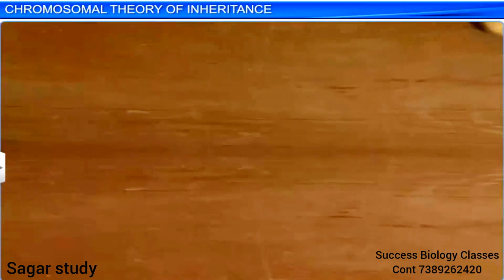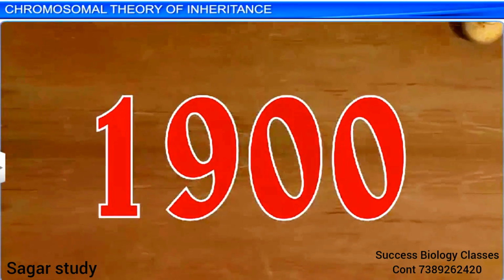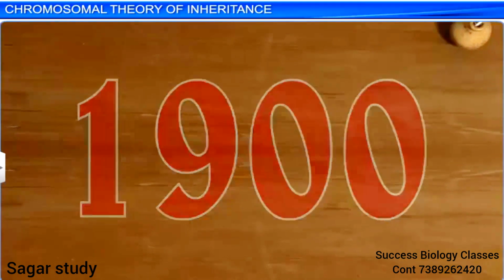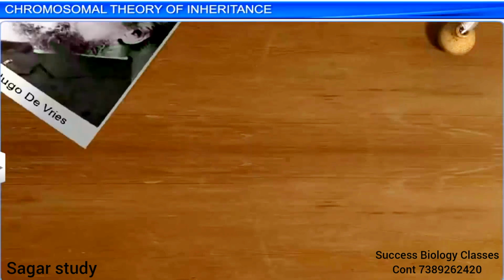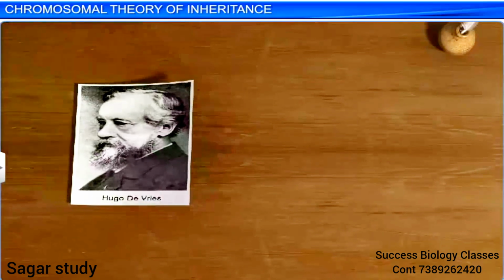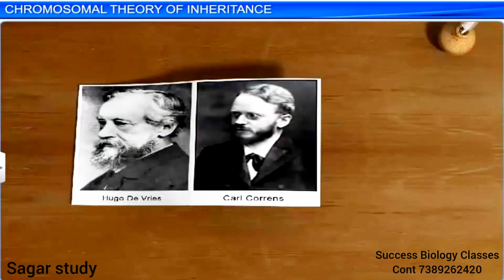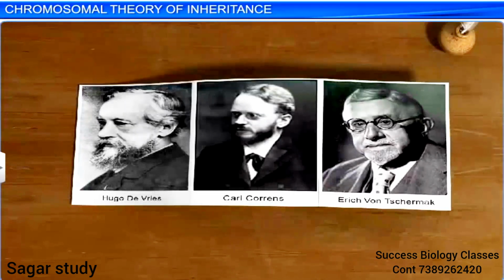Mendel's work got due credence only in 1900, when his results on the inheritance of characters were independently rediscovered by 3 scientists, Hugo de Vries, Carl Correns, and Erich von Tschermak.